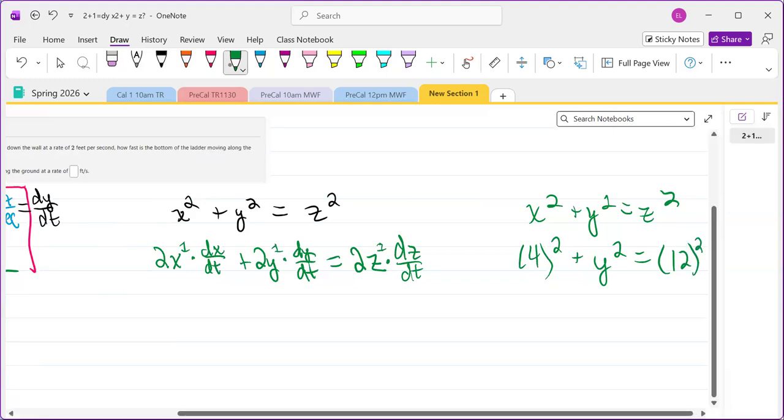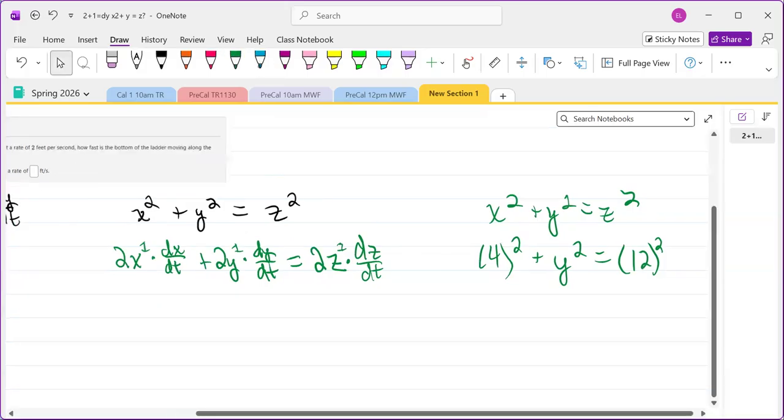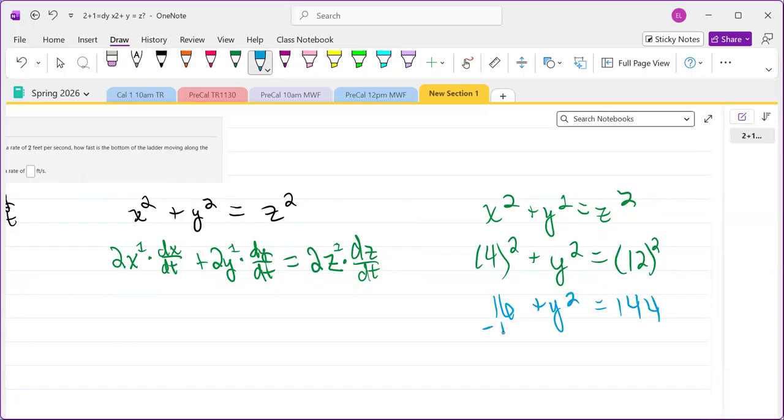So I have 4 squared plus y squared equals 12 squared. So we get 16 plus y squared equals 144. And then we minus the 16. So y squared is 128.